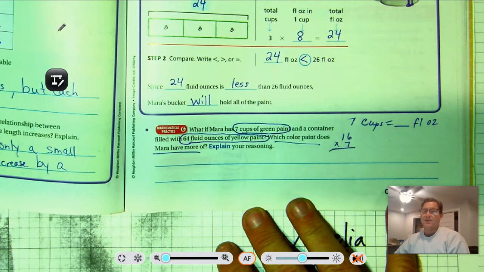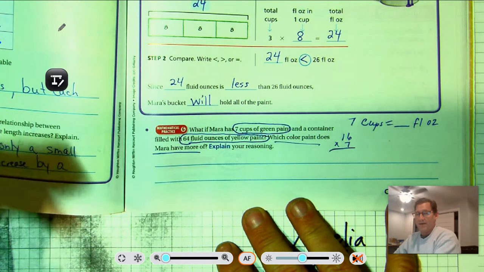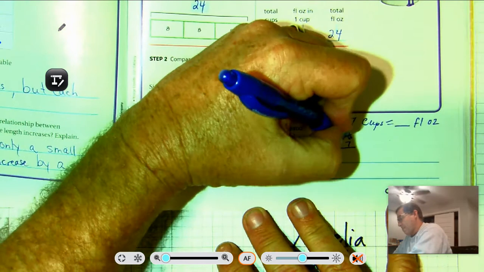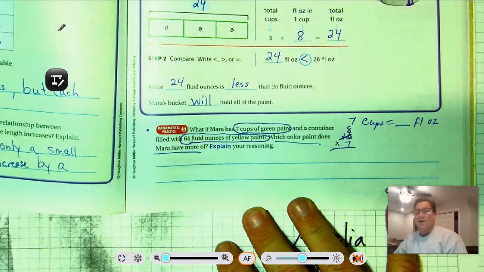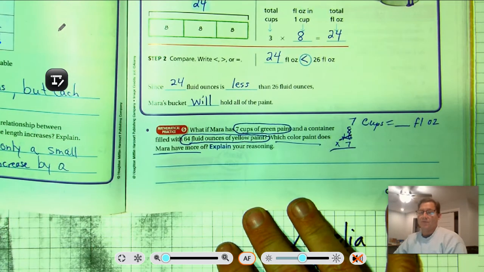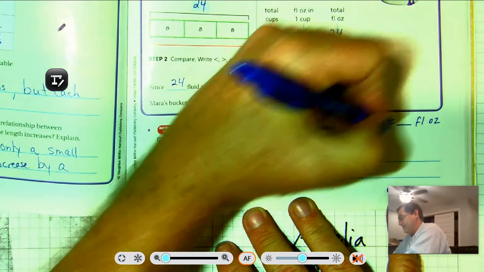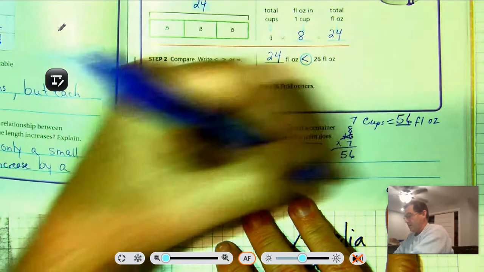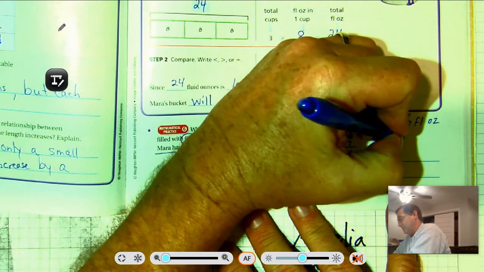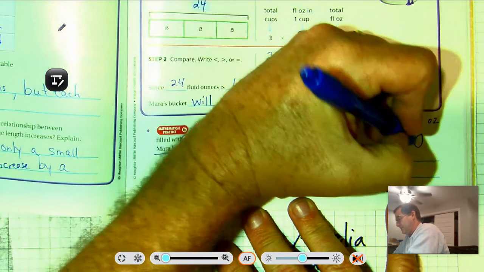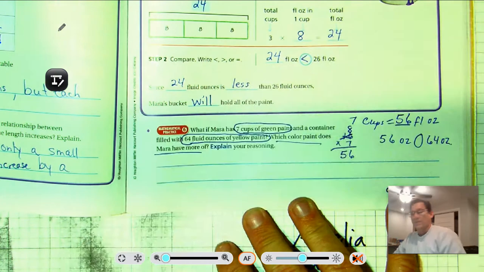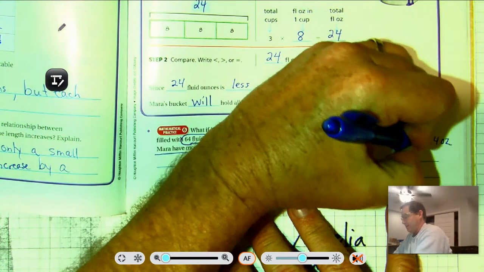I'm going to go ahead and multiply by 8, because there's 8 fluid ounces in every cup. 8 times 7 is 56. So then we can compare 56 ounces to 64 ounces. Well, 64 ounces is greater.